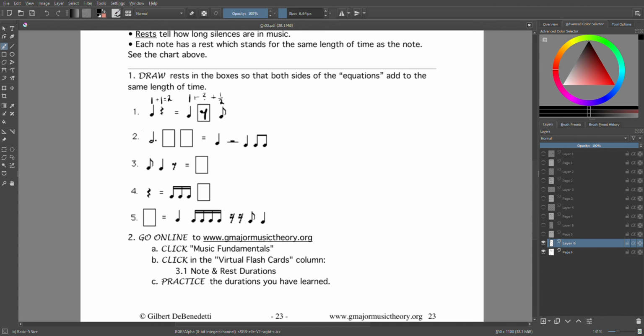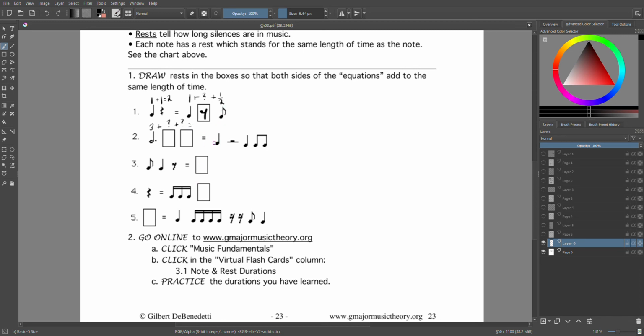Now let's look at number 2. Dotted half note, 1, 2, 3. That's 3 beats. I'm just going to put a 3 here. 3 plus something plus something, we don't know, equals whatever.